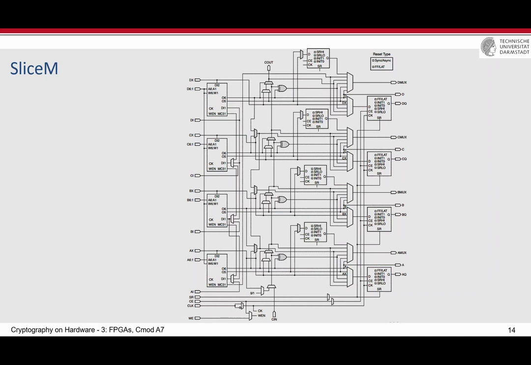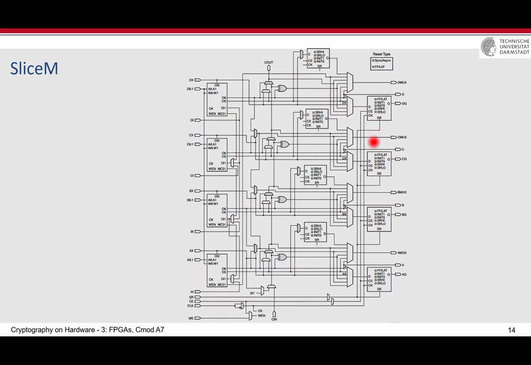And some other functionalities you can see here. For example, it's a flip-flop or latch. You can select init 1 or init 0, meaning that after the power up, the value of the flip-flop is 0 or 1. It's also written SRHI, set reset with high or set reset with low, meaning active low or active high, set or reset.